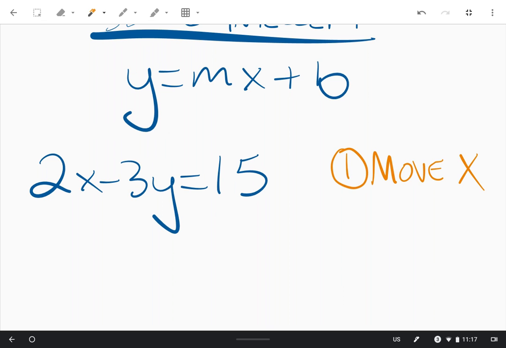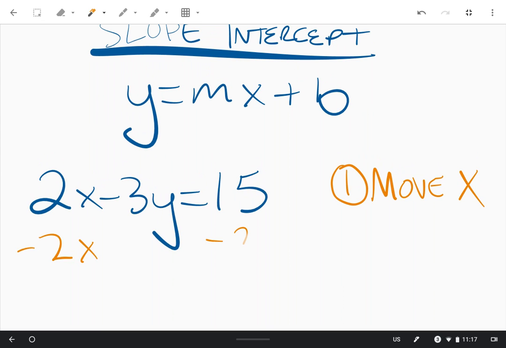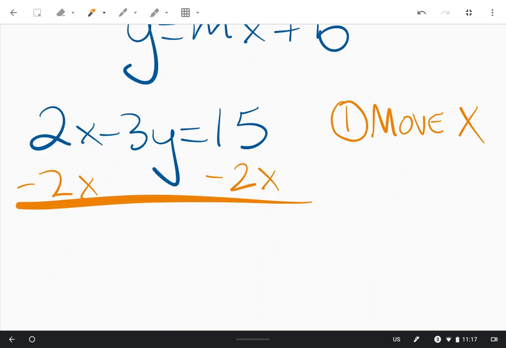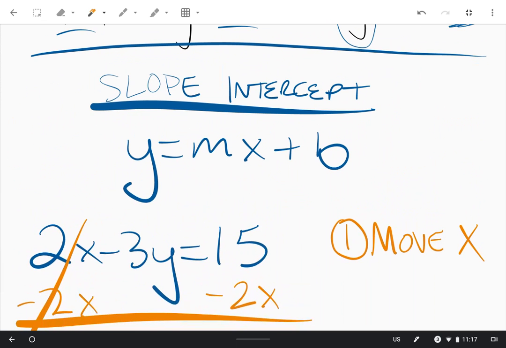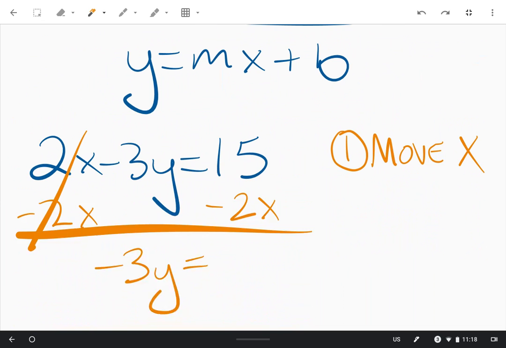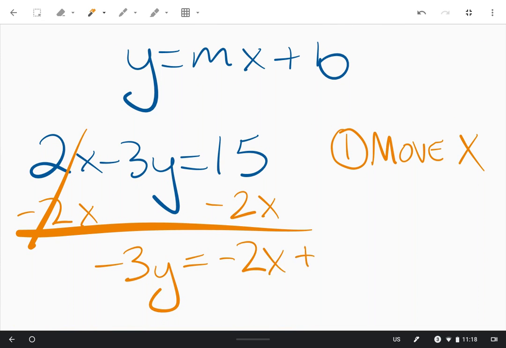Since I have 2x and I want to move it across the equal sign, I'm going to subtract 2x from both sides of the equation. There aren't any x's on the other side, so when I do that, this cancels. The minus 3y is still there, equals, and then I'm going to arrange the answer so that things fit the pattern: I want the x to come before the constant term, so I always write the x first and then the constant term.